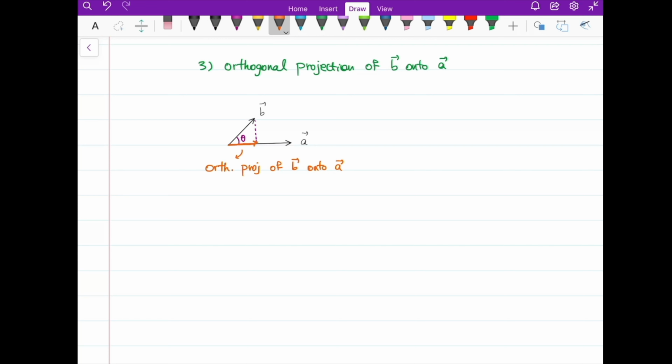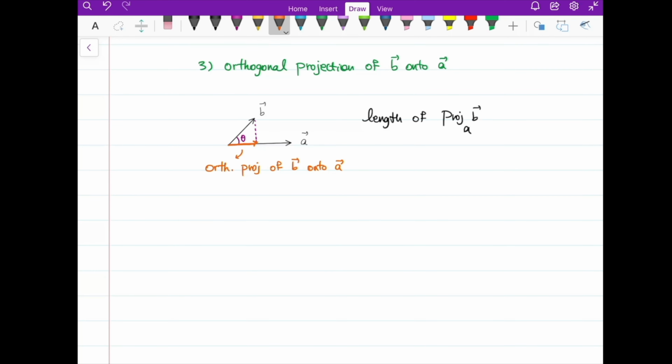So what is the length of the projection of B over A? As you see, this notation, projection of B over A, is the notation that we use to show the projection vector, this vector here.